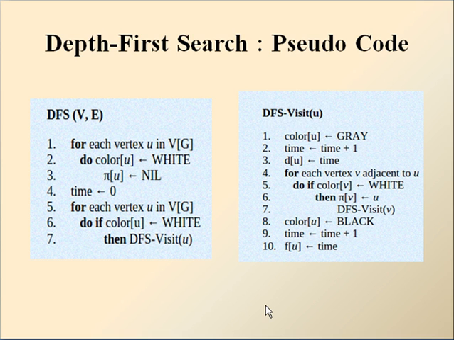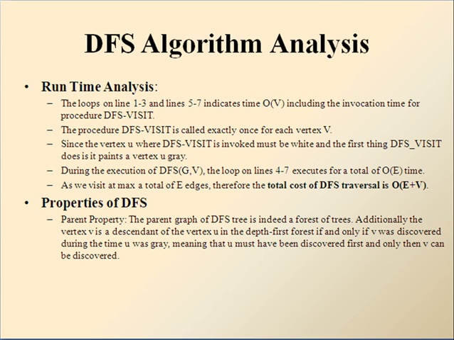So this is the algorithm, or rather the pseudocode for DFS, and it is similar to the way I have explained in the figure. So from the algorithm it is clear that the total cost of DFS is O(E + V). The properties of DFS. Parent property. The parent graph of a DFS tree is indeed a forest of trees.